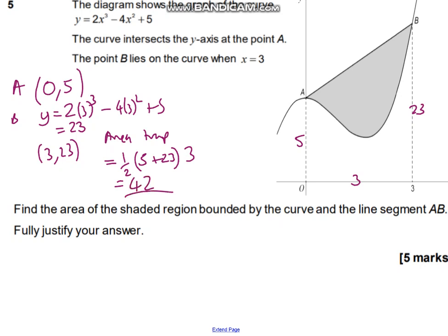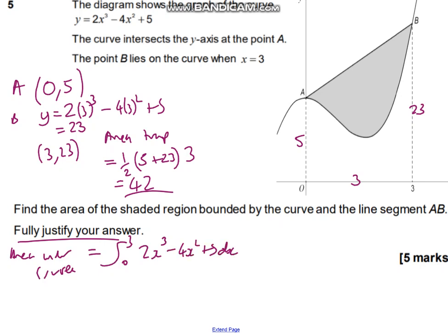So we've got that. Now we then need to find the area under that, and unfortunately we've got to fully justify our answer, so we can't just get the calculator to do it. So the area under the curve is going to be the integral from 0 to 3 of 2x cubed minus 4x squared plus 5 dx, and then we can just put it into square brackets to show I've integrated it.